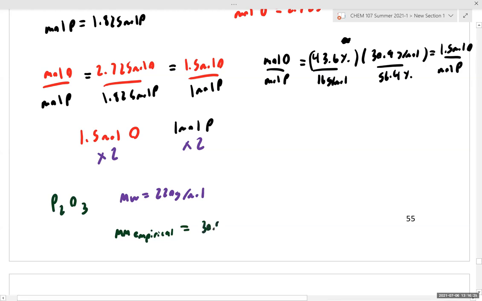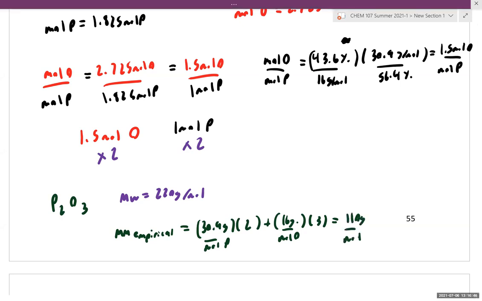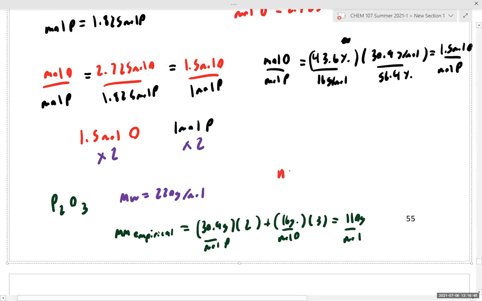So we have 30.9 grams per mole for phosphorus times 2 plus 16 grams per mole for oxygen times 3. That gives us 110 grams per mole. With this information in mind, what would N be? 2.